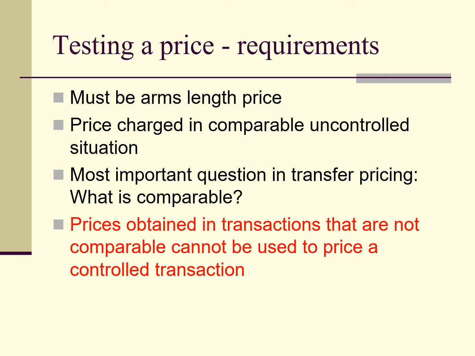However, charging this wholesale price to Clothing.com assumes that Clothing.com operates as a full-function online retailer. As we will see in the next set of slides, it is unlikely that Clothing.com performs all of the functions of an online retailer, so pricing the transaction based on sales to an unrelated retailer is probably not going to result in an arm's length price.